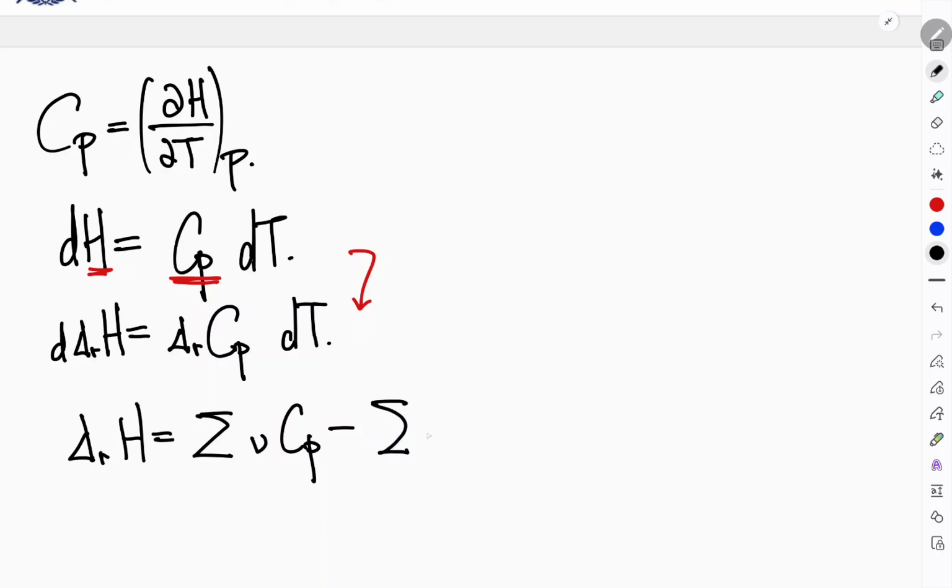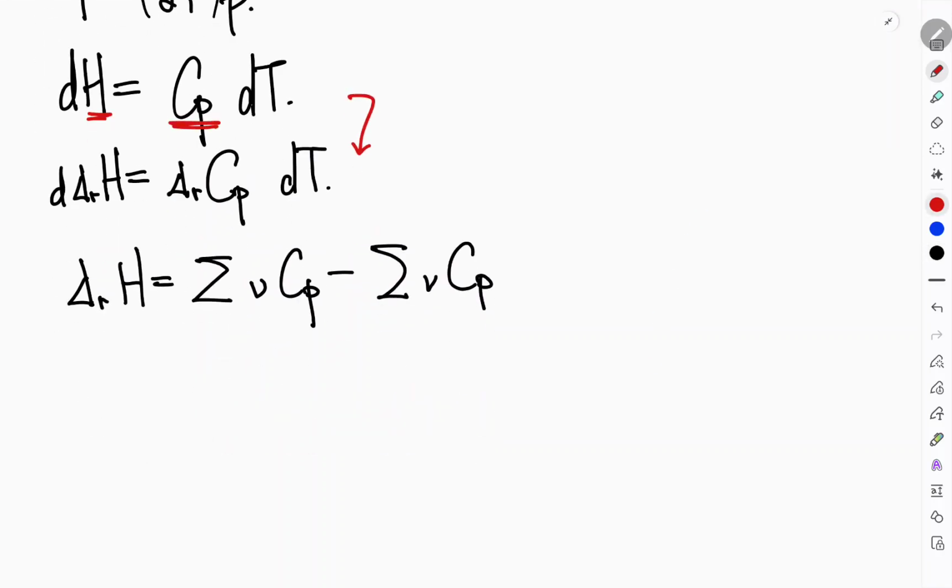And if we integrate this from T1 to T2, our temperature of interest is T2. So finally, this integral will become like this.